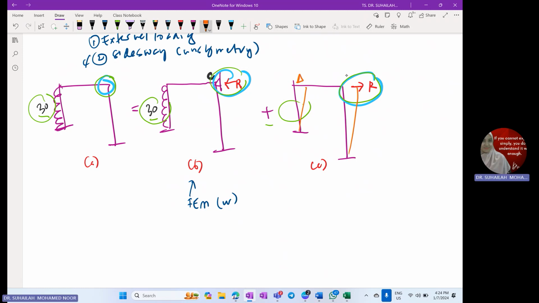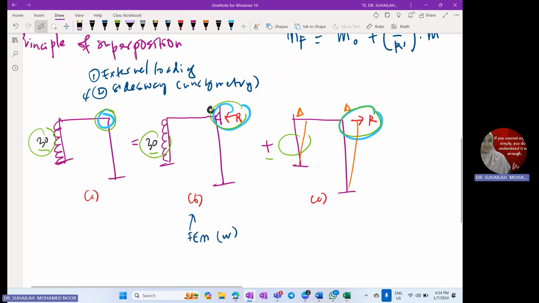This is delta, this is delta. So now we have combined back. The external loading in this case is W, and the side sway is delta. Due to external loading, it is inside diagram B, and due to delta, it is inside diagram C. So this is the principle of superposition. That is the idea.